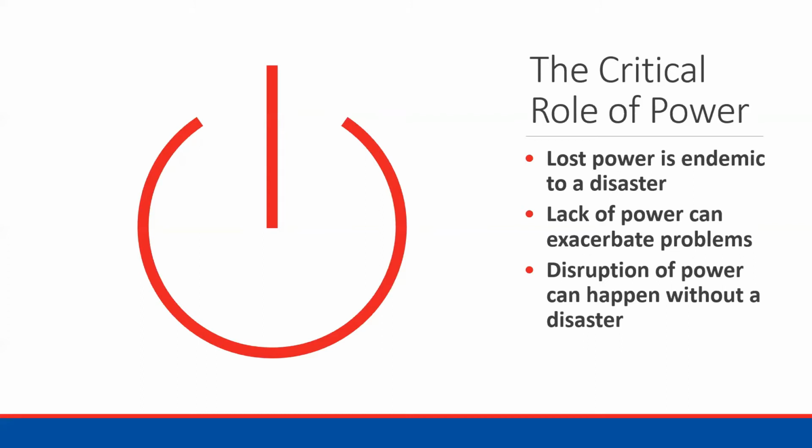So clearly, a lack of power can exacerbate problems, which can lead to loss of critical communications, which includes networks going down, access control systems locking up, emergency communication systems going offline, etc. Security can be compromised. That includes cameras and recording devices. Simply put, without power, there's no security.